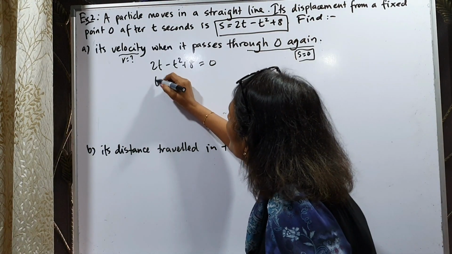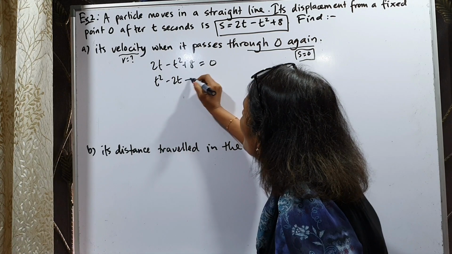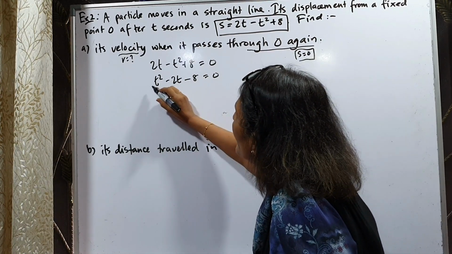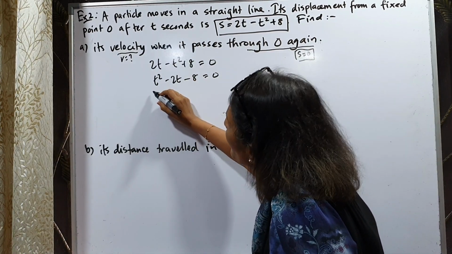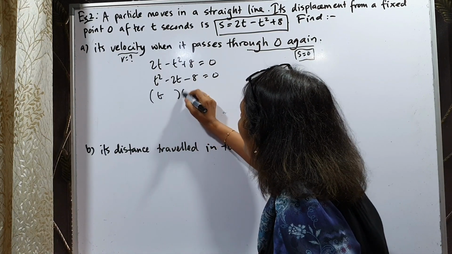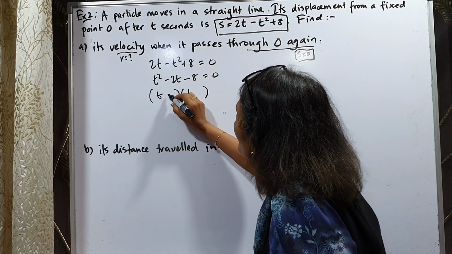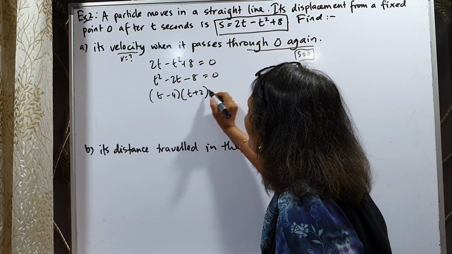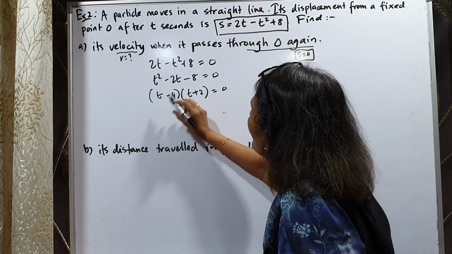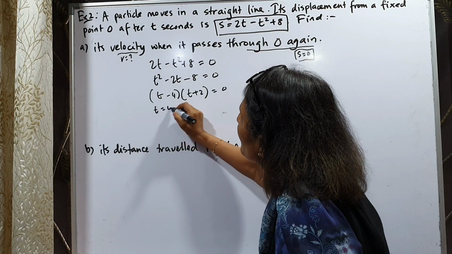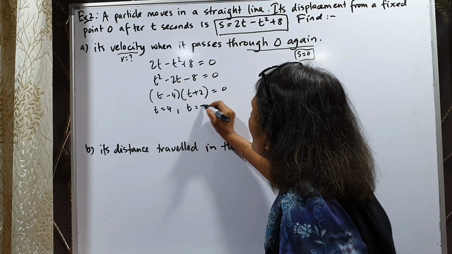We get t squared minus 2t minus 8 equals 0, making it all times negative. Then you factorize: (t minus 4)(t plus 2). Therefore t is 4 and t is negative 2.